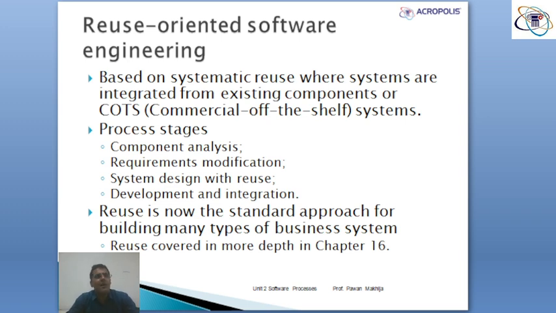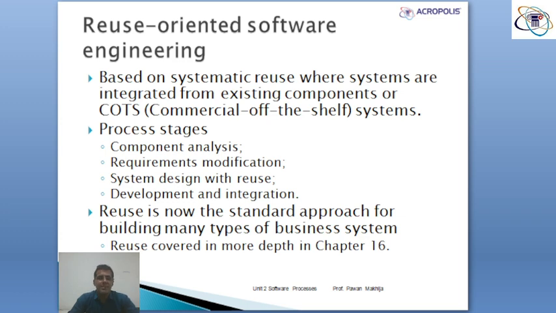We can have a one-to-one interaction with the customer about new requirements that we may add to the existing component. We'll modify the requirements and then go for the system design with the help of the reuse principle.